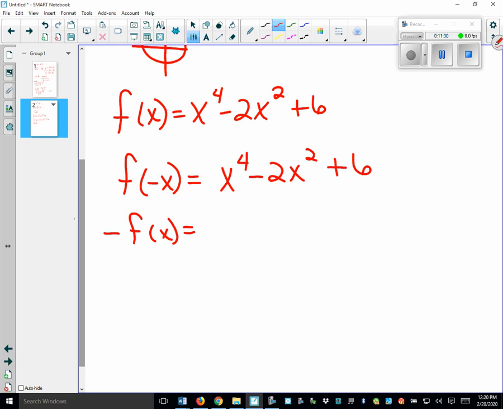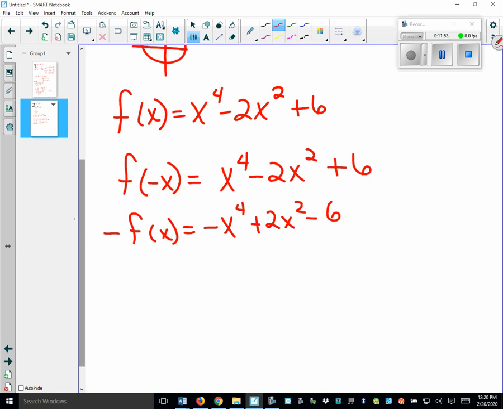Negative x to the fourth plus 2 times negative x squared, minus 6. What if there's an odd power and you make it negative? Then it would have changed signs.